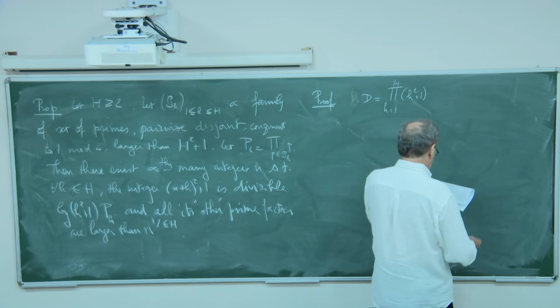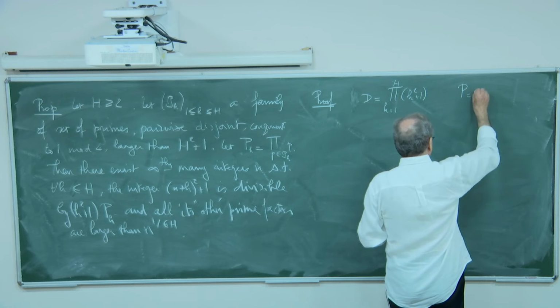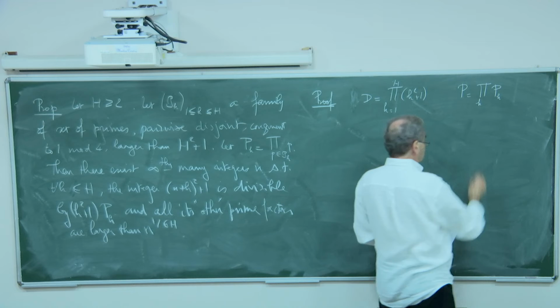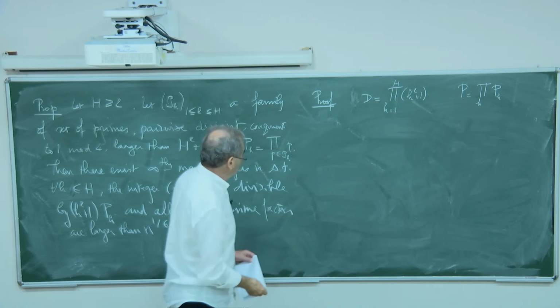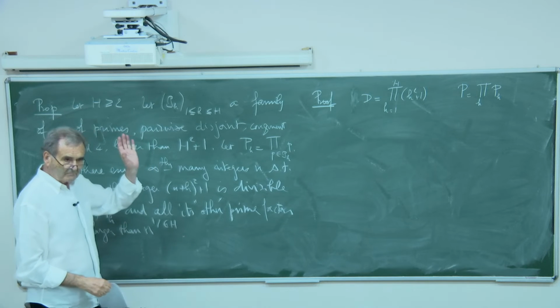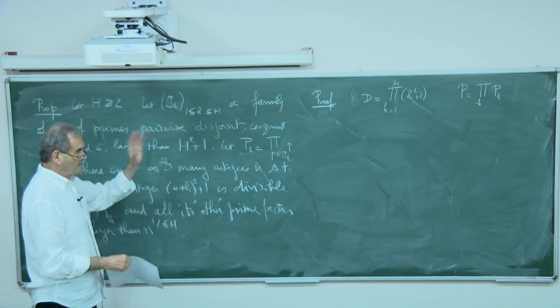So I write P to be the product of the P_h. That is to say, P is the product of all the primes which are in my family. My family is given, simply knowing that they are large primes and so on.